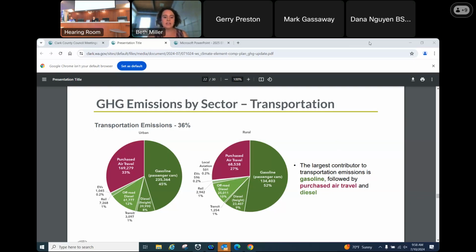Then we've got some off-road diesel usage, and some freight diesel, so those are the big trucks that come through. All of the gasoline and freight diesel usage are estimated based on vehicle miles traveled within the boundary.